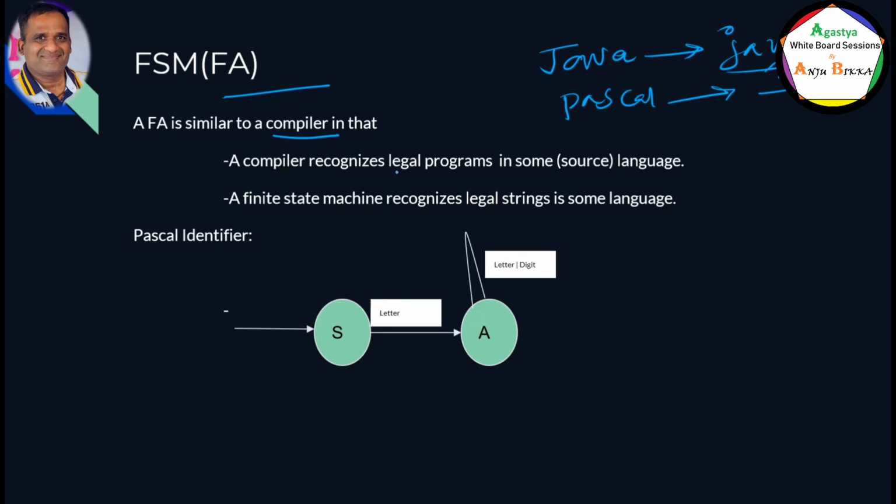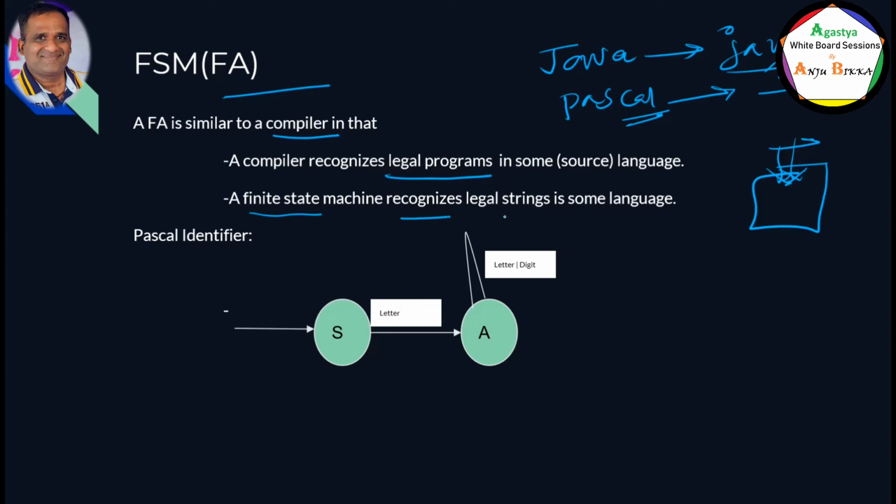What the compiler does is recognize legal programs in that language. When you write a program in Java, first it is going to be compiled. If it is compiled, it means it is a legal program written in Java. The Pascal compiler recognizes the legal programs written in Pascal.